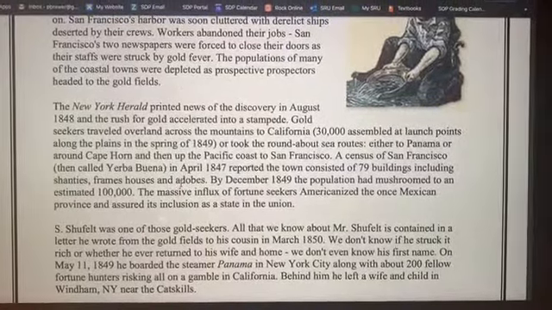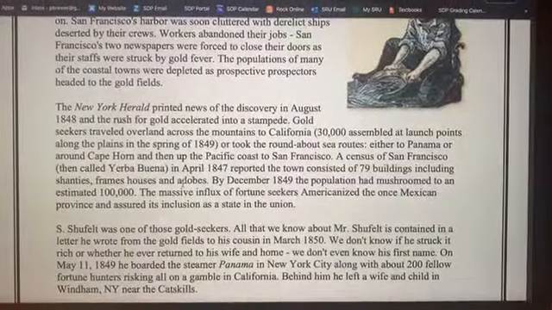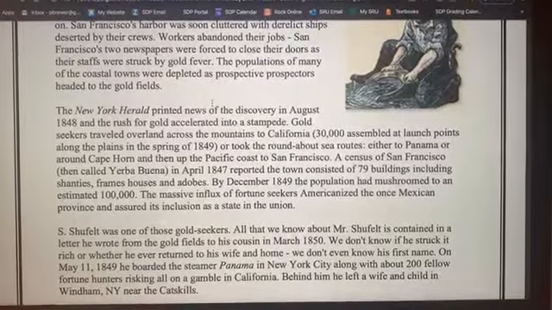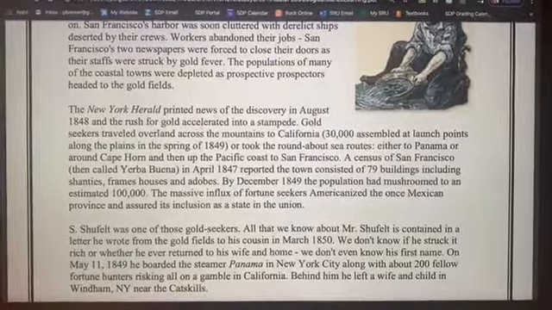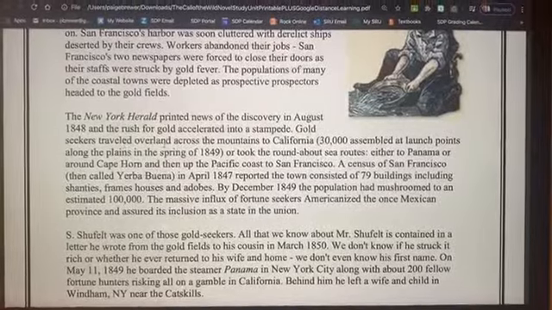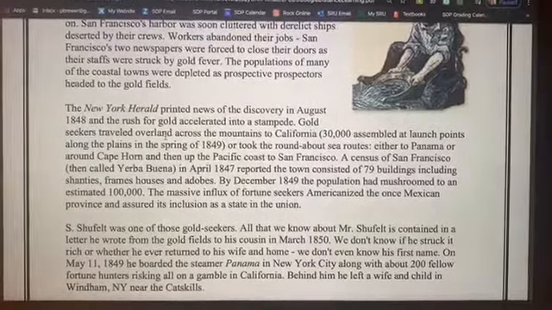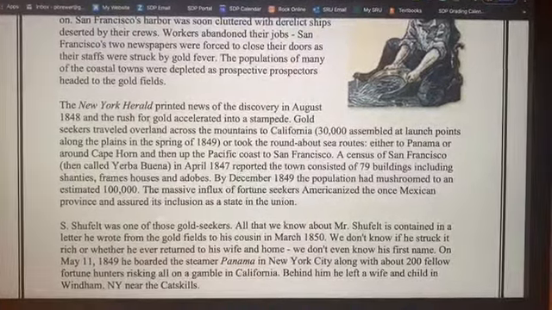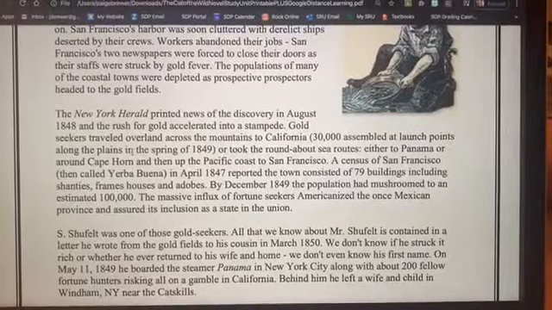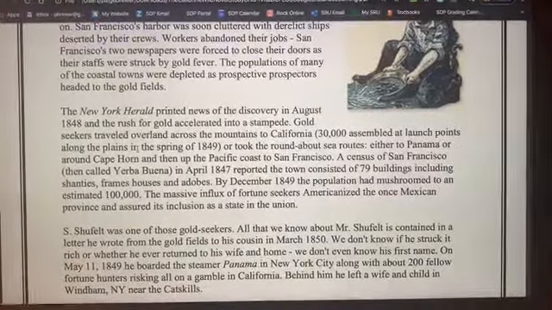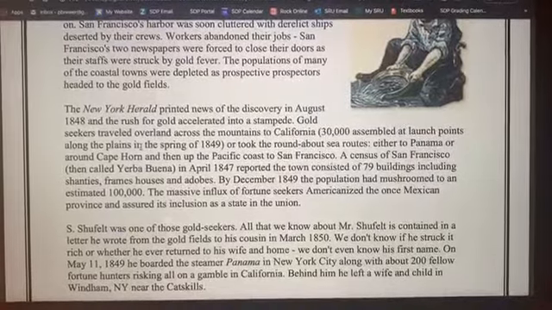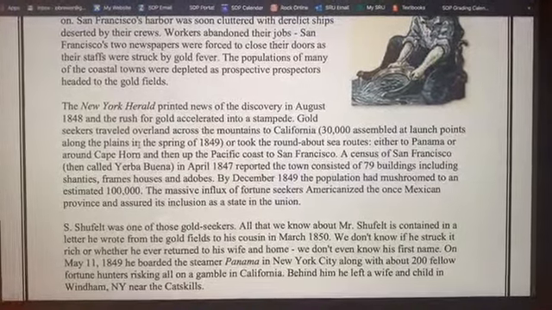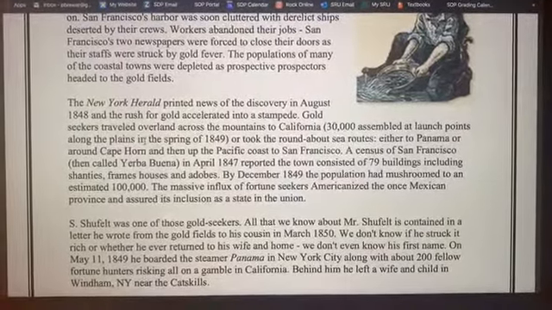The New York Herald printed news of the discovery in August 1848, and the rush for the gold accelerated into a stampede. Gold seekers traveled overland across the mountains of California. 30,000 assembled at launch points along the plains in the spring of 1849, or took the roundabout sea routes, either to Panama or around Cape Horn, and then up the Pacific coast to San Francisco.